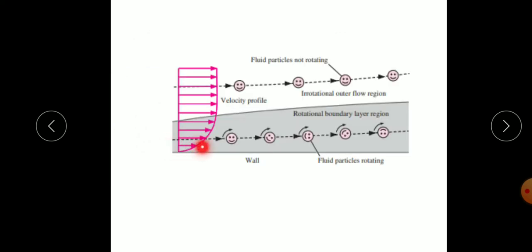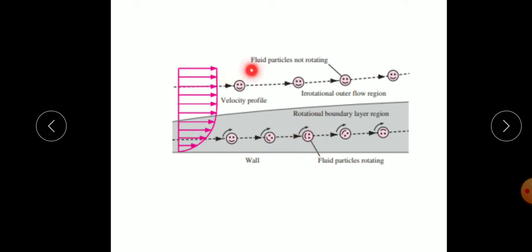Consider a stationary wall with fluid passing over it, and the region nearer to the wall or any surface. As the wall is stationary, some fluid particles are in contact with the wall surface, and in this region the fluid may have rotational components.